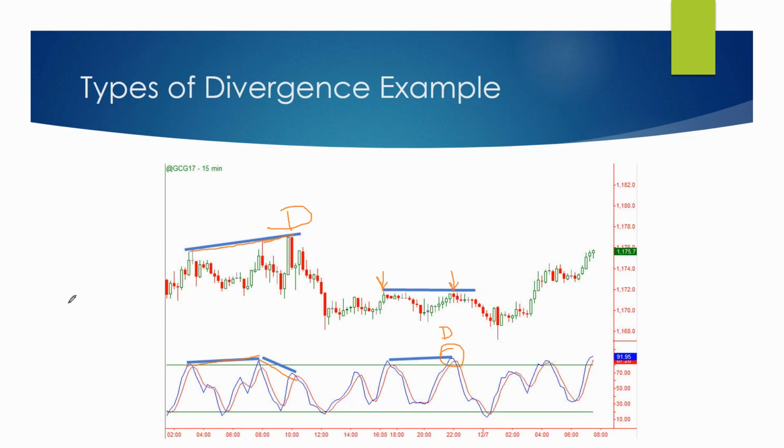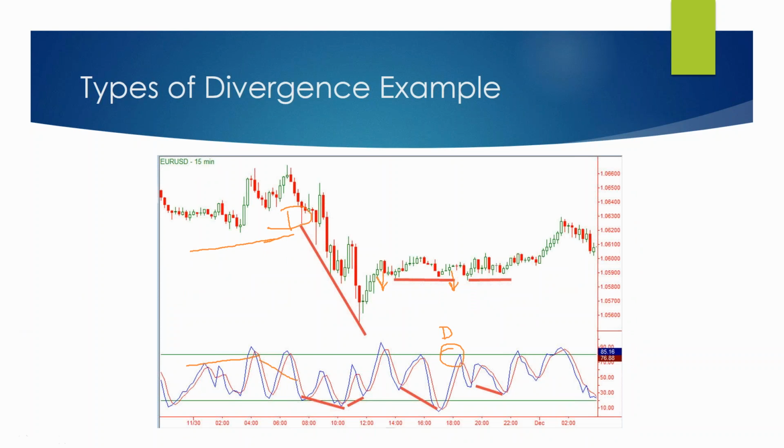Now let's go to the next slide. Here you can see we're making lower lows. Stochastics is confirming it. On the final low, right at the bottom of the chart, look at your stochastics.